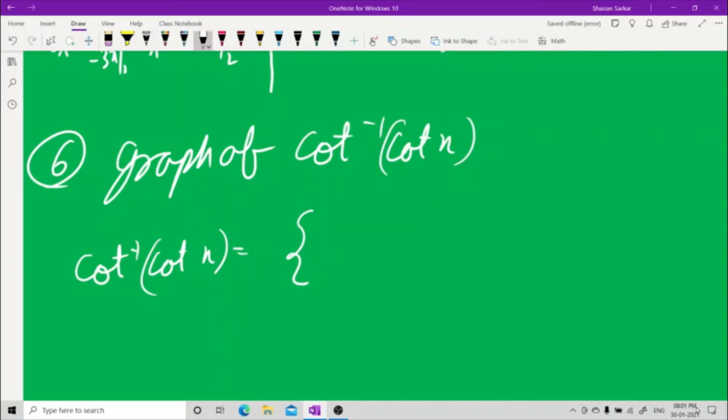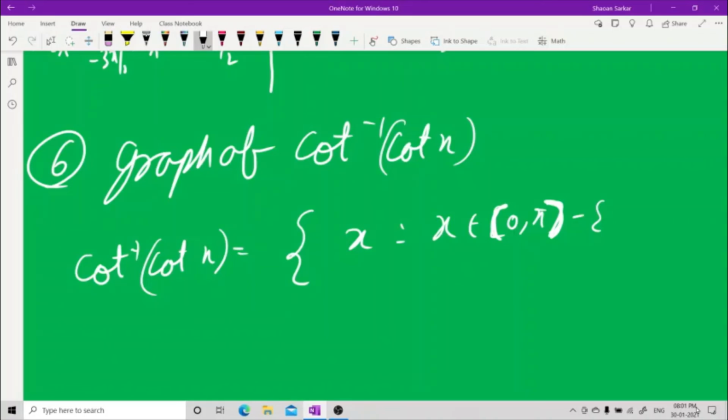You write x for x belonging to 0 to pi, from where 0 is to be neglected and this is to be neglected.